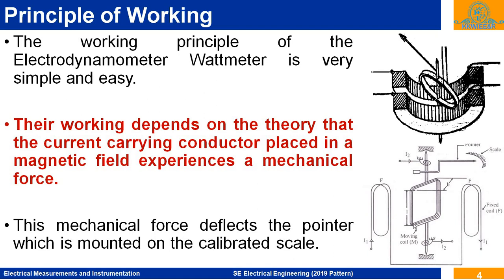This moving coil, which is a current carrying conductor, will have a mechanical force generated because of the magnetic field by this fixed coil and the magnetic field because of this moving coil. So there is an interaction and the torque will be generated on this moving system.